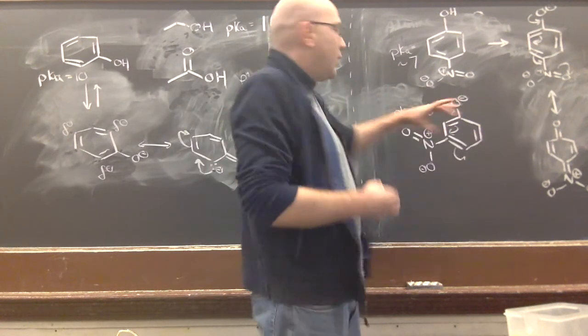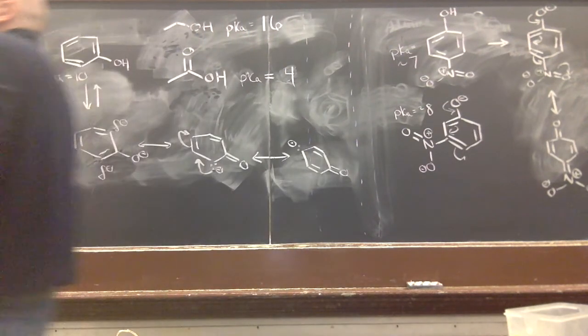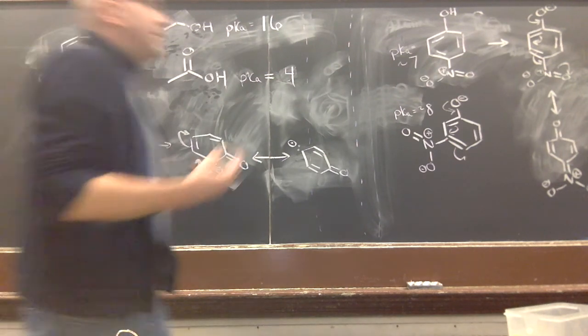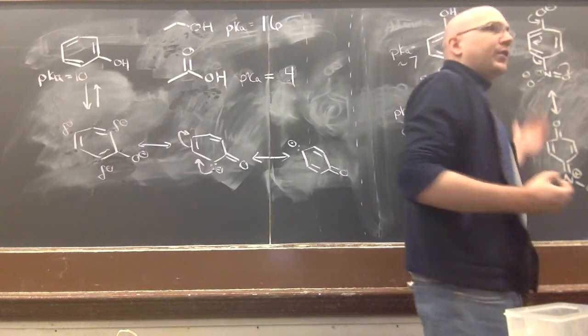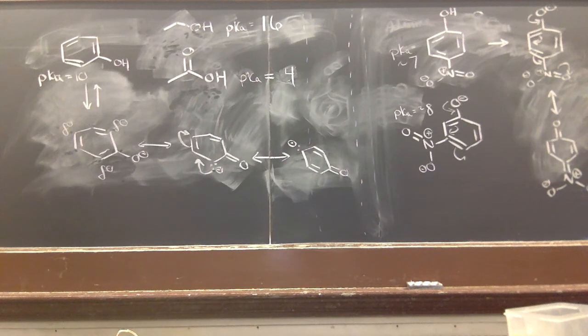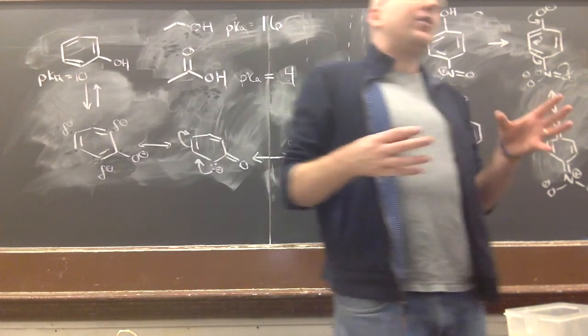So even though this nitro is closer, which means that inductively it would have a better effect, it turns out that having a nitro at the para position is in fact better at stabilizing this negative charge, because of this resonance form that you can draw. Does that make sense? And so it's going to be really important that you are able to draw resonance forms through aromatic systems for the material that we're going to cover in the next couple classes.